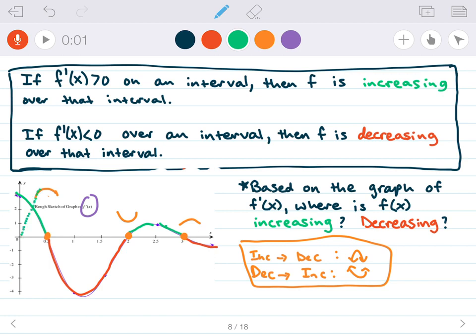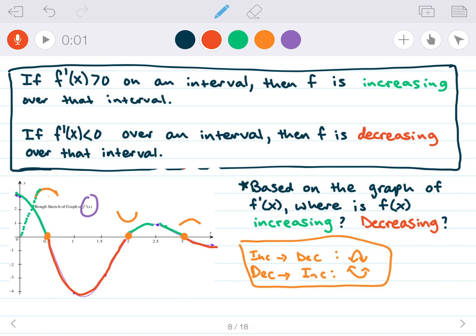Maybe it looks like this, and then it's going to flatten out right there. And then my function starts decreasing, all right? So it starts decreasing at x equals 0.5, and it's going to get smaller and smaller and smaller up until x equals 2.